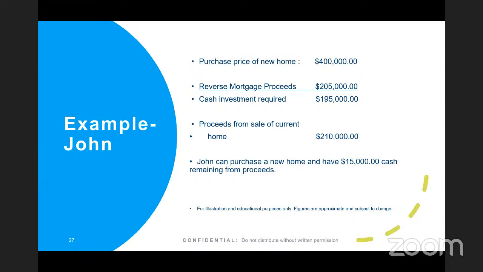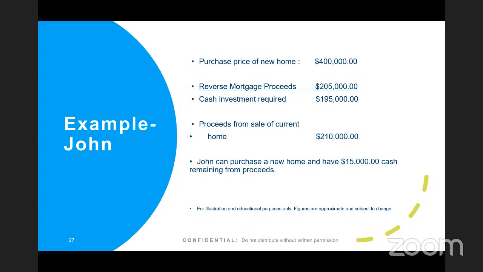So this lets us know that John would be eligible for reverse mortgage proceeds in the amount of $205,000, which means he only needs to bring $195,000 to closing, right? 205 plus 195 gives us our purchase price of $400,000. Now, John has already sold his current home and he netted $210,000 from the sale of that previous home. We call that his departure residence.